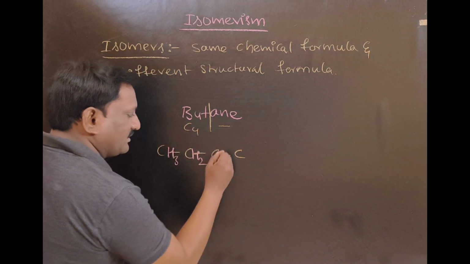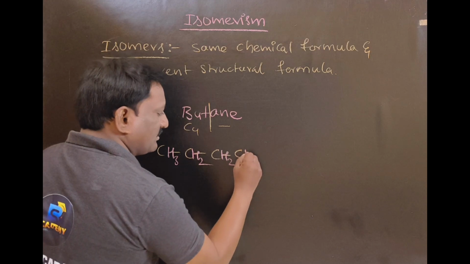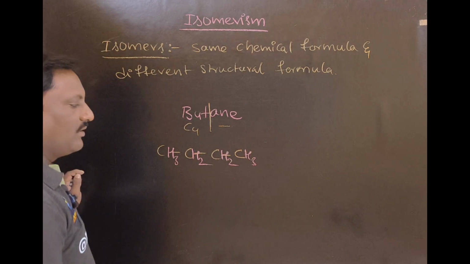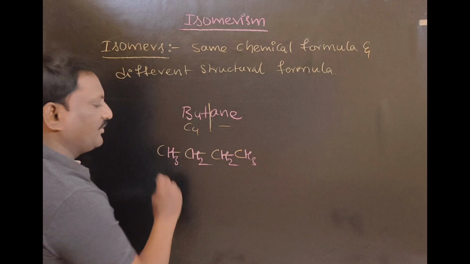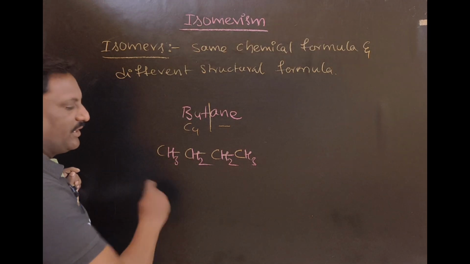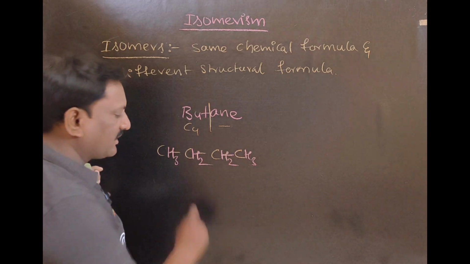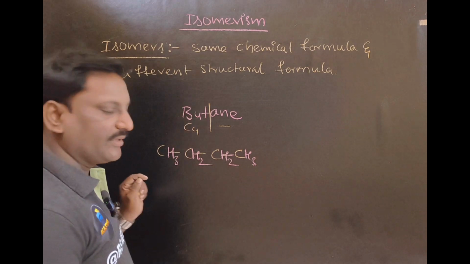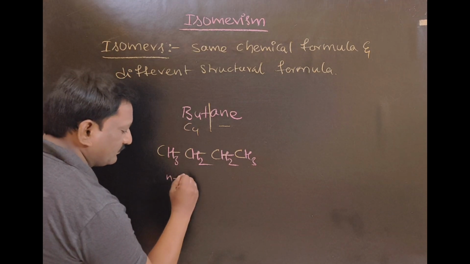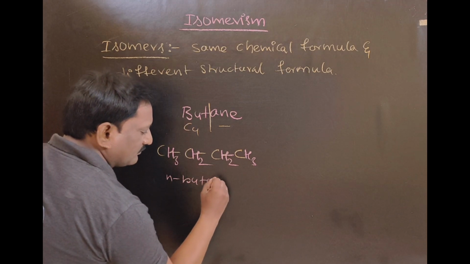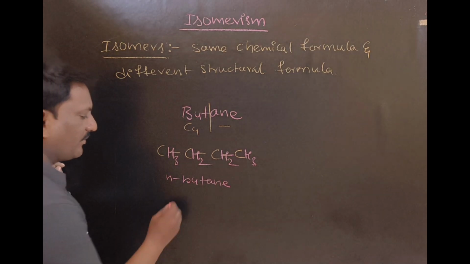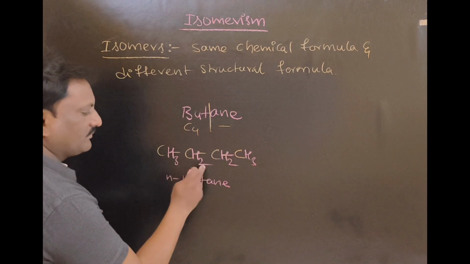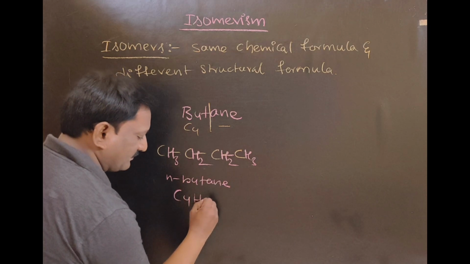CH3, CH2, CH2, CH3. This is butane. Especially it's n-butane. That means there are no branches, it's a straight chain. It is called n-butane. Chemical formula C4H10.